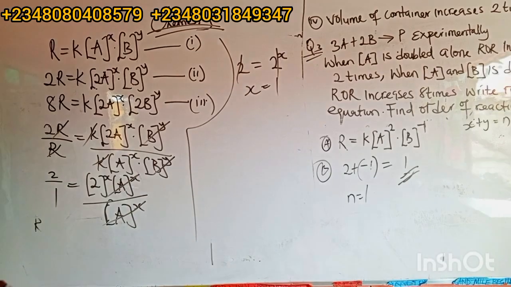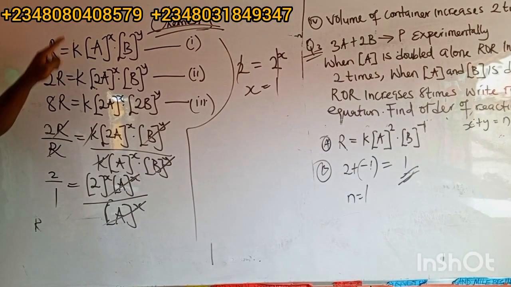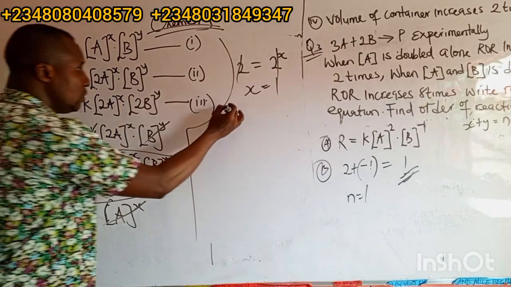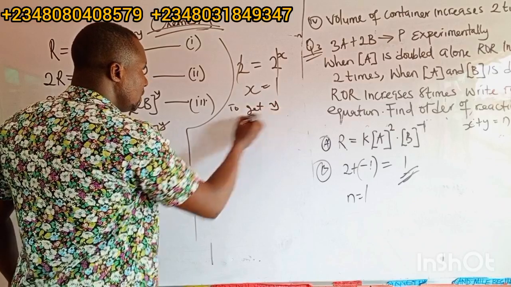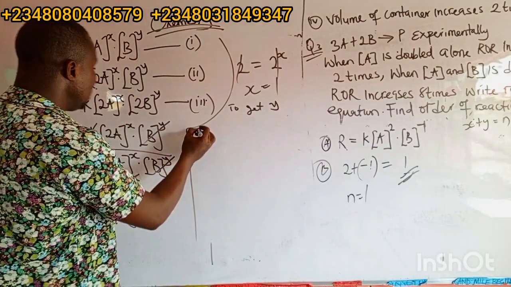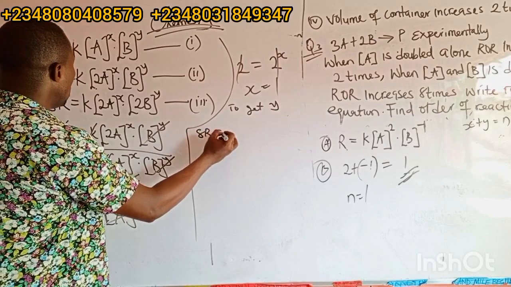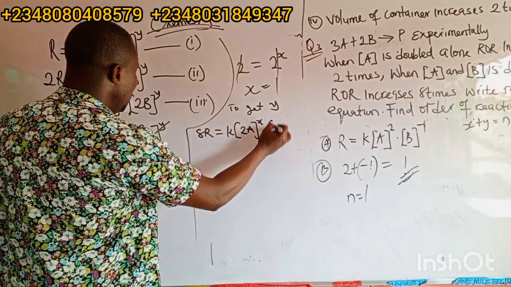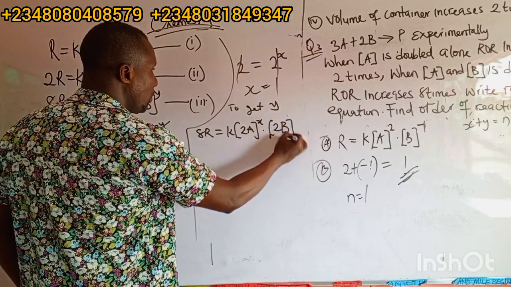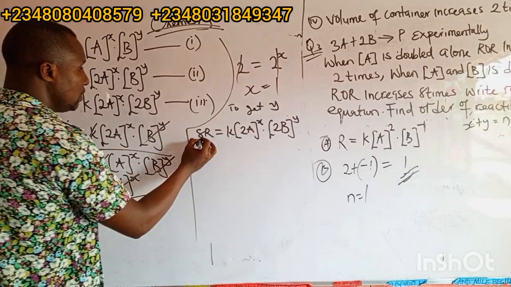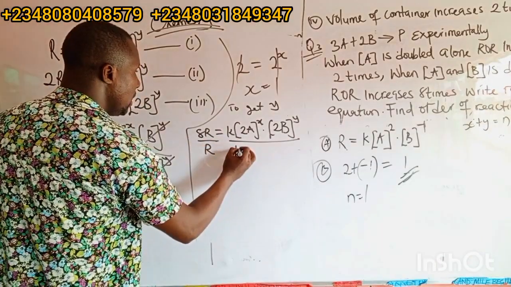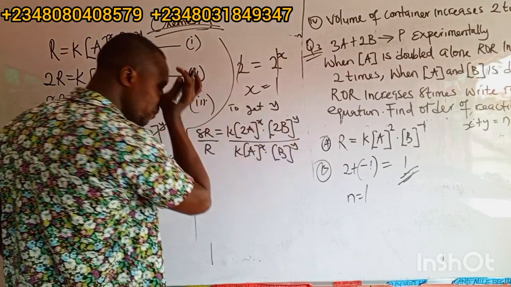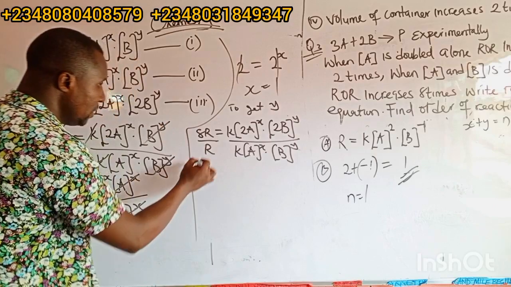Then for me to calculate Y, divide equation 3 by equation 1. To get Y, that means divide equation 3 by equation 1. What is equation 3? I have 8R equal to K into 2A raised to power X, 2B rather, I'm sorry, 2B raised to power Y. Then equation 1 over R, that means over K into A raised to power X, B raised to power Y. This one cancels this.